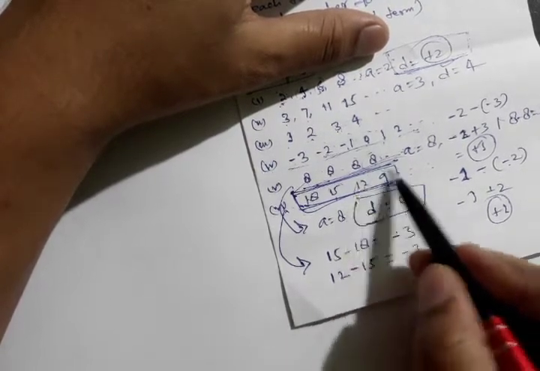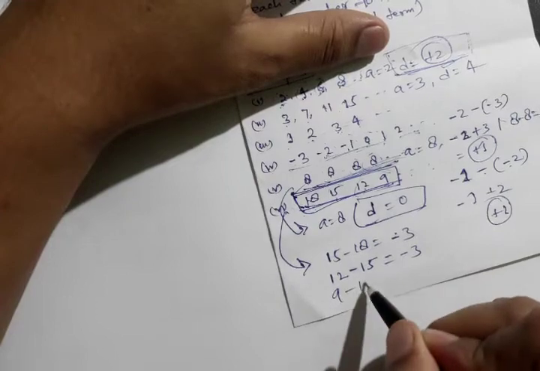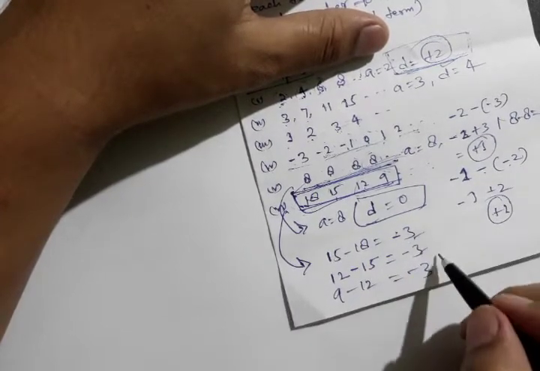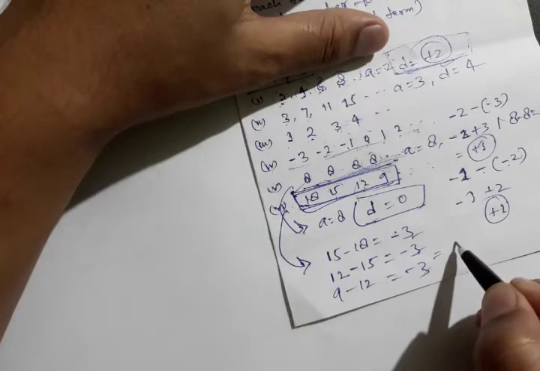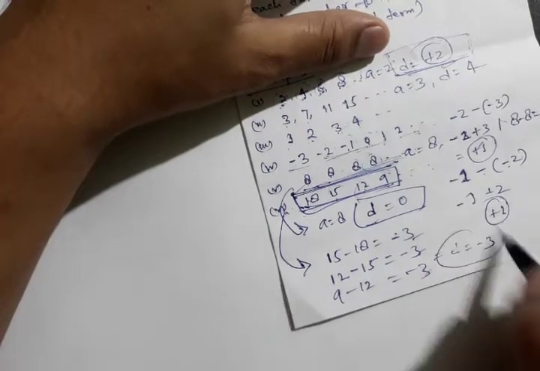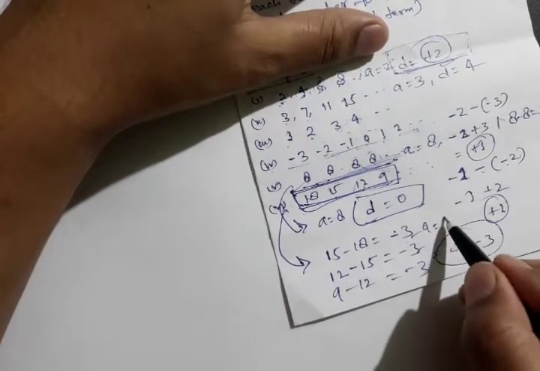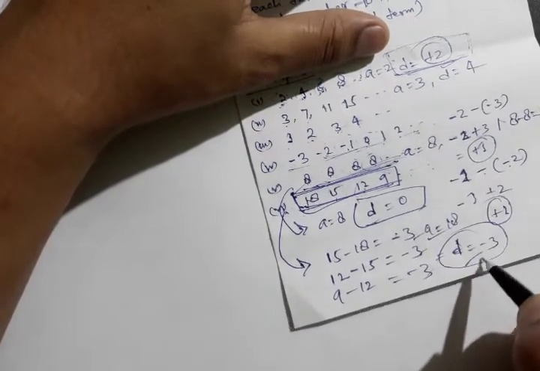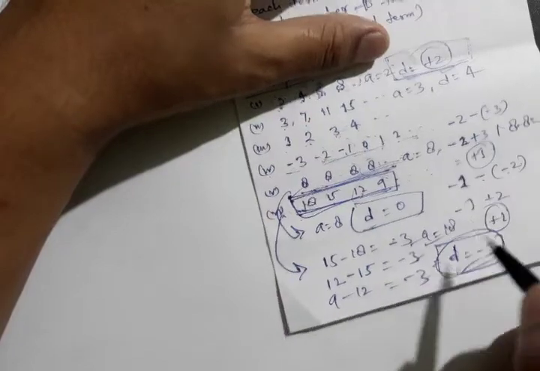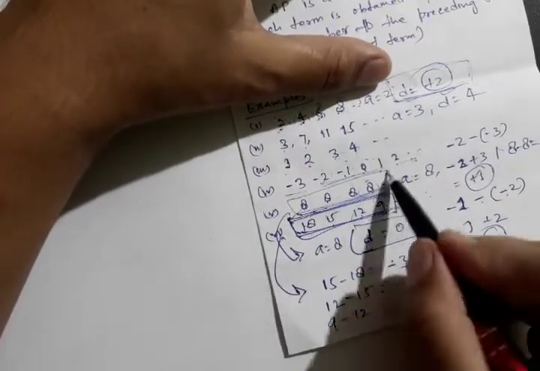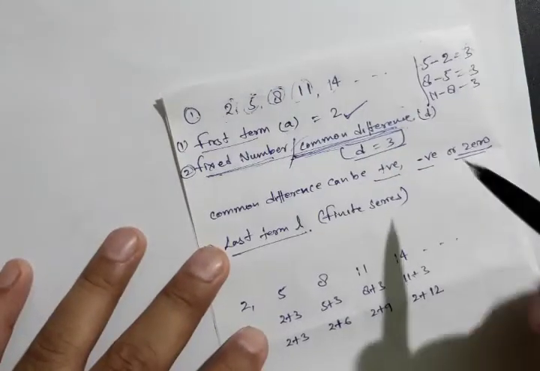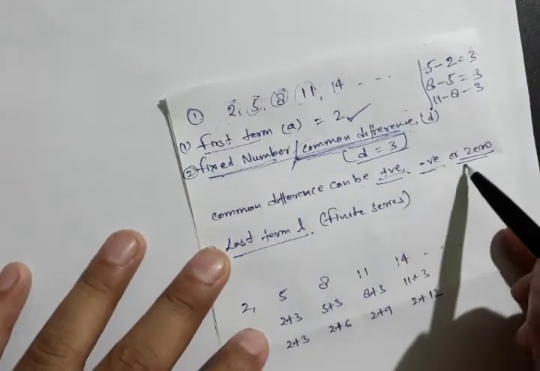Again for these two, 9 minus 12, minus 3. So every time the common difference is minus 3. So here d is equal to minus 3 and a is 18. So the first term is 18 and the common difference is minus 3. So you see in this case the common difference is negative, in this case it is 0, and in this case it is plus 2. So the common difference can be positive, negative, or 0.